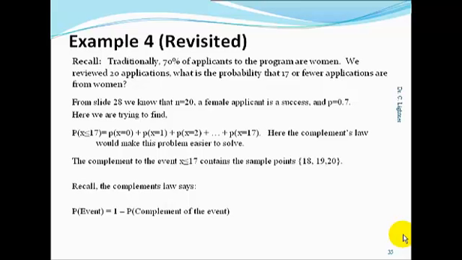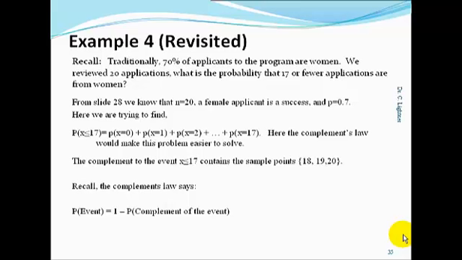Let's revisit example 4. Recall the example was that traditionally 70% of applicants to the MBA program are women. We reviewed 20 applications, and now we want to compute the probability that 17 or fewer applications are from women. From slide 28, we know that n equals 20.